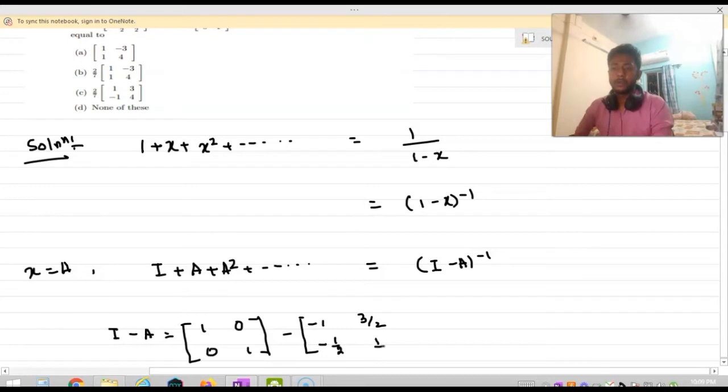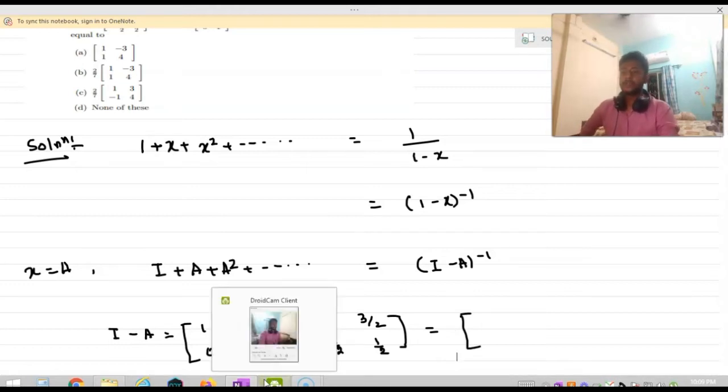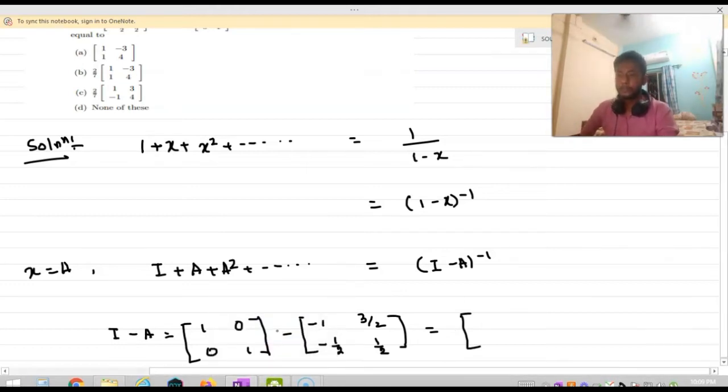If we subtract this matrix from this matrix, we will get 2, minus 3 by 2, half and half.